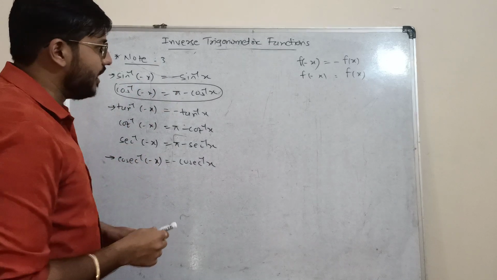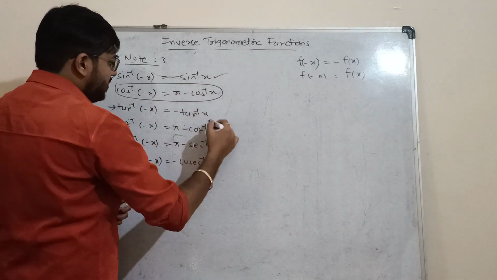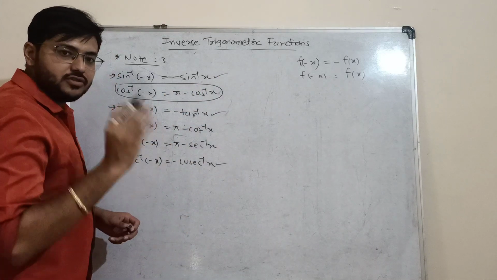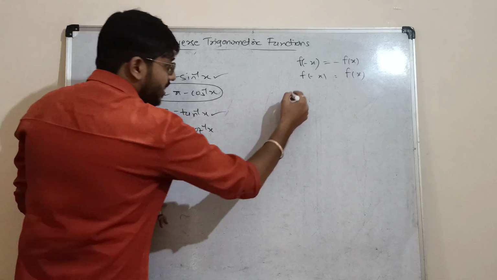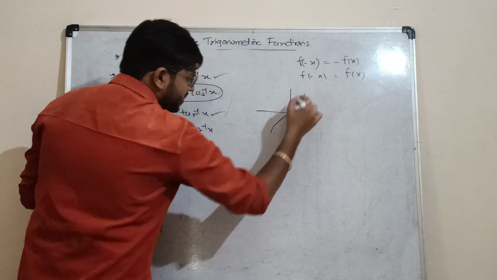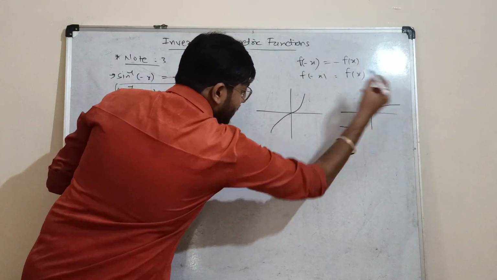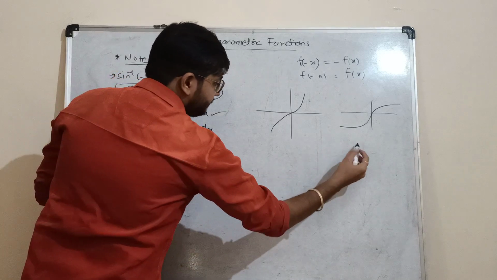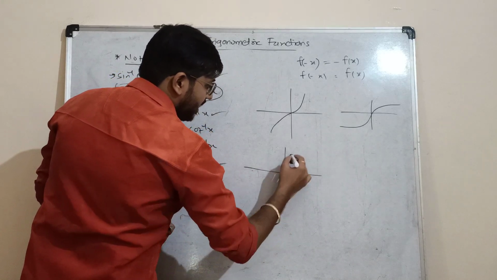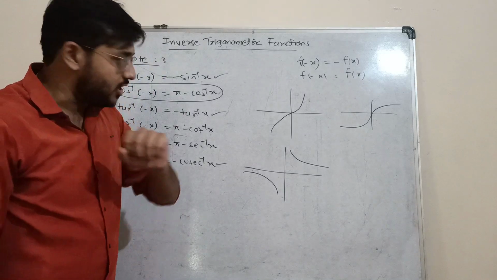I am just telling you this point, and by using this you will be able to understand cot inverse and sec inverse also. Okay, now if we talk about sine inverse or tan inverse or cosec inverse, the graphs of these three functions are something like this. This is the graph of sine inverse, this is the graph of tan inverse, and this is the graph of cosec inverse. What do you observe?